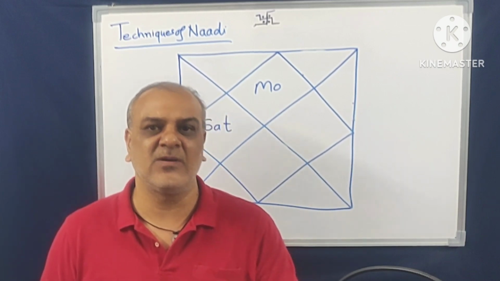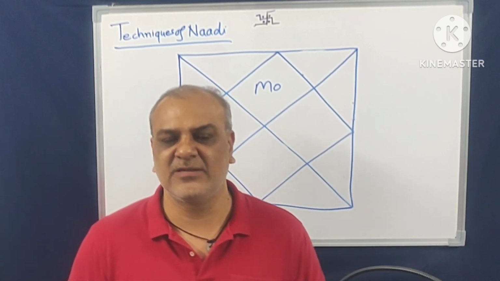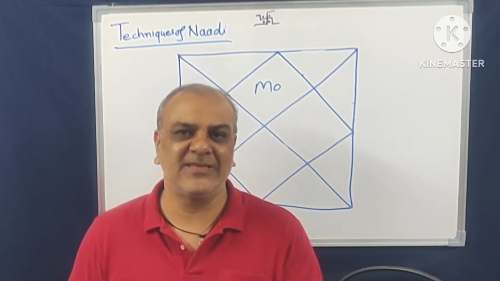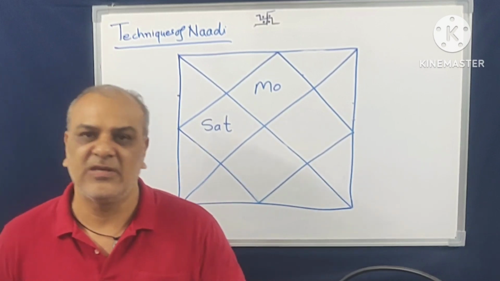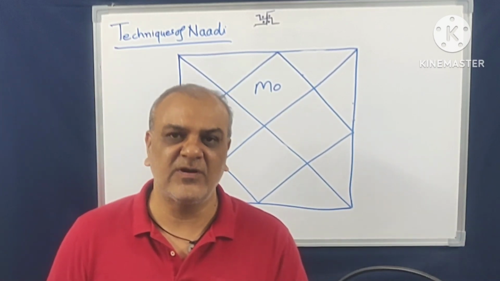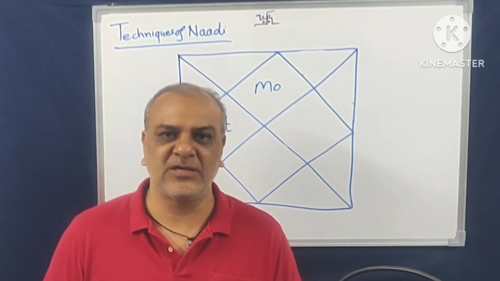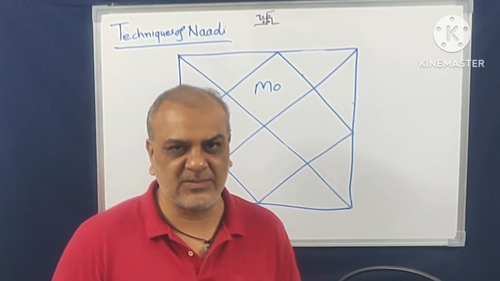So when Moon comes in the 10th from Saturn, from the progression Saturn, you can easily predict that at that particular age he will move to a different city for profession, to search a new profession or to start a new job. Anything you can easily predict.